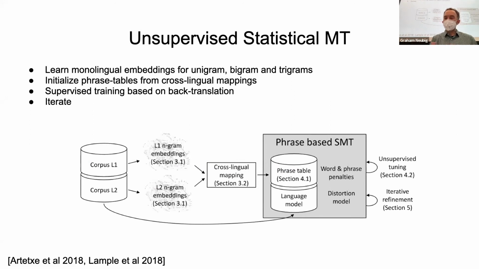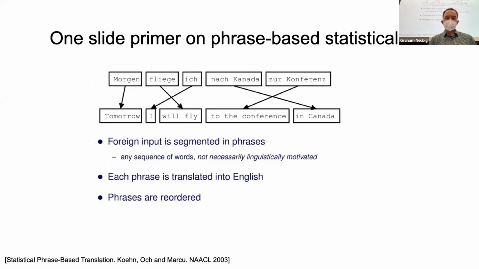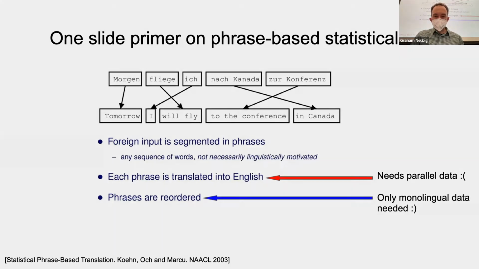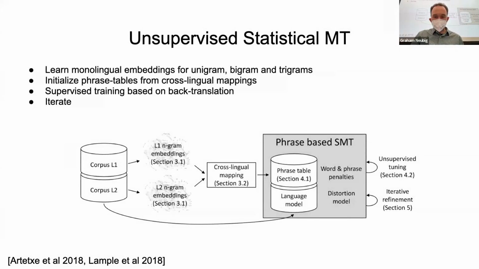After you've translated all of the monolingual data, you can feed it into your normal machine translation training pipeline. And the key here is that you're inducing each of these phrase translations just by mapping embeddings of unigrams, bigrams, and trigrams. Cool.